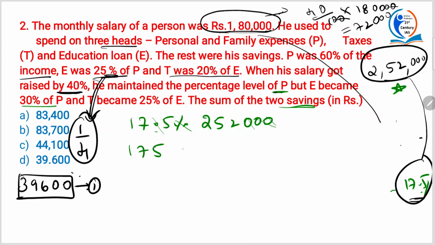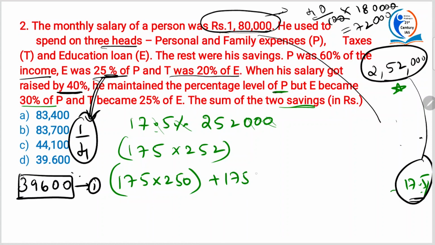So it is basically 175 into 252. This 175 into 252, one way is direct multiplication. The other way is 175 into 250 plus 175 into 2. This 252 I am breaking like this. Why? You will just get to know. 250 plus 2. So it will be like this.